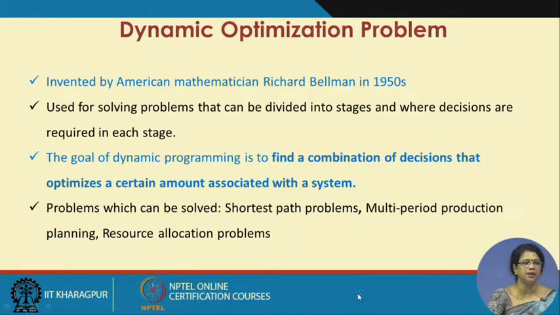These are all examples of dynamic programming problems. In the knapsack problem, we have a knapsack of a certain capacity, say it can hold 10 kg of material. I am going for a trip, and I want to plan what material I should put there to get maximum benefit during the trip.